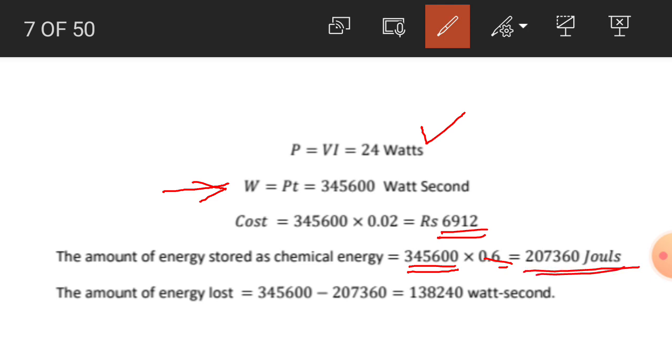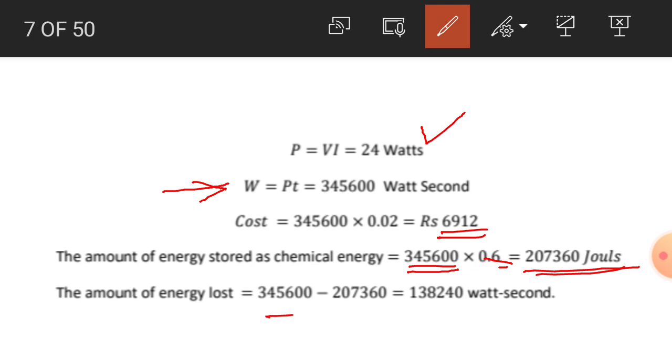So this much energy is stored in the battery, which is 2,07,360 joules. The remaining energy is lost.